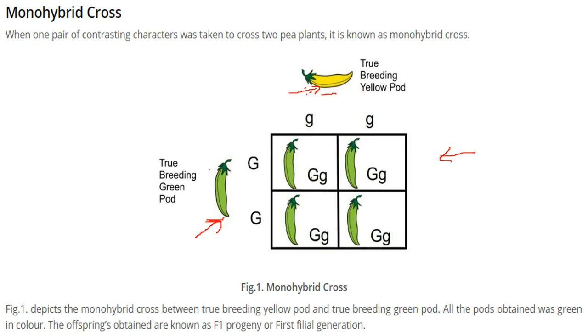All the pods obtained were green in color. When they were combined, he found that all were green. The combination was capital G, small g. So the content was there from both, but it was green. The offspring obtained was known as F1 progeny.